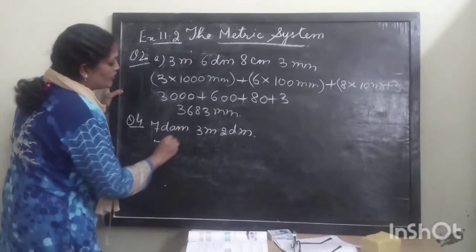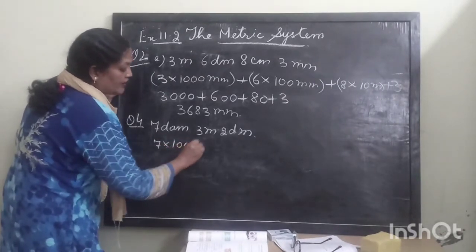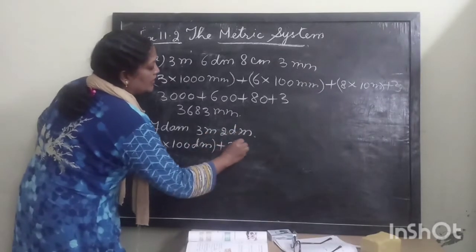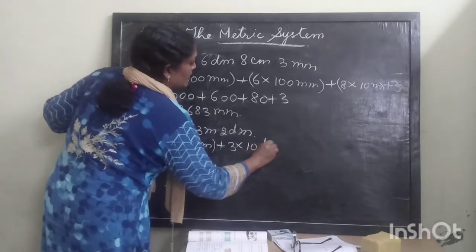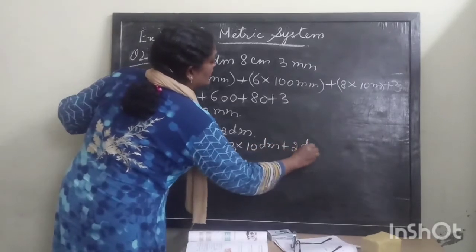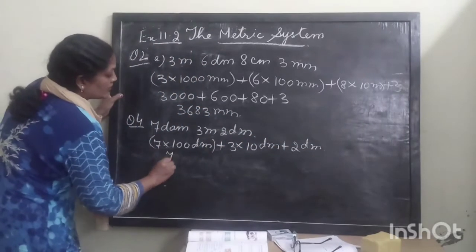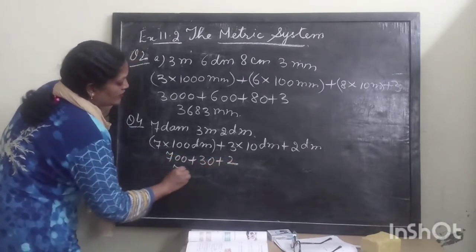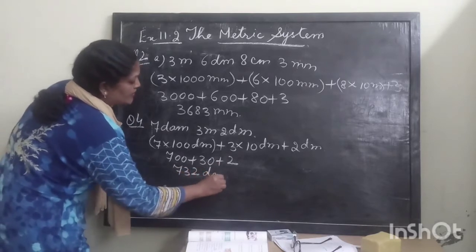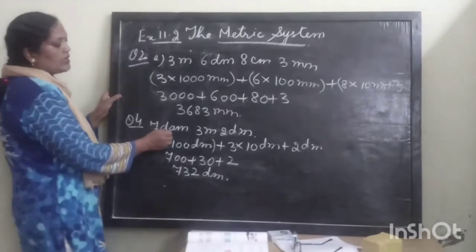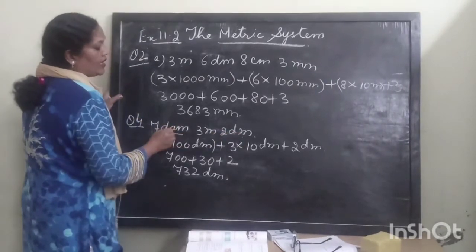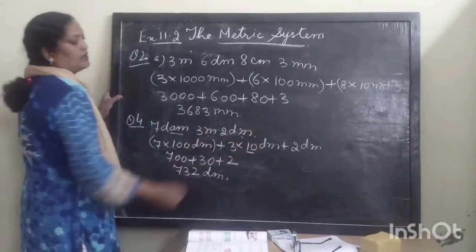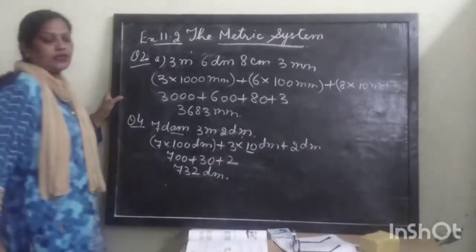So 7 into 100 decimeter, plus 1 meter is 10, 3 into 10 decimeter, plus 2 decimeter, it will remain as such. 700 plus 30 plus 2. 732 decimeter. Simply you have to learn this. 1 decameter is how many decimeter? 100. 1 meter is how many decimeter? 10. This is already decimeter, leave as such.